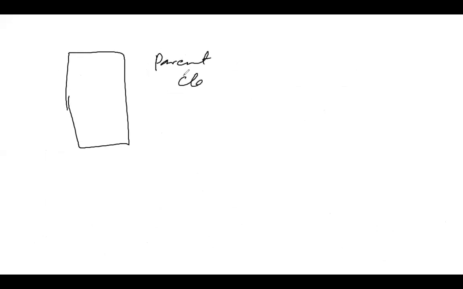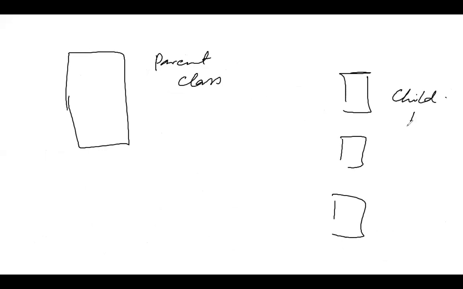So here you can see, for example, we have this parent class, and these are the child classes, child 1, 2, and 3. And look at this, you close this process by force closure.